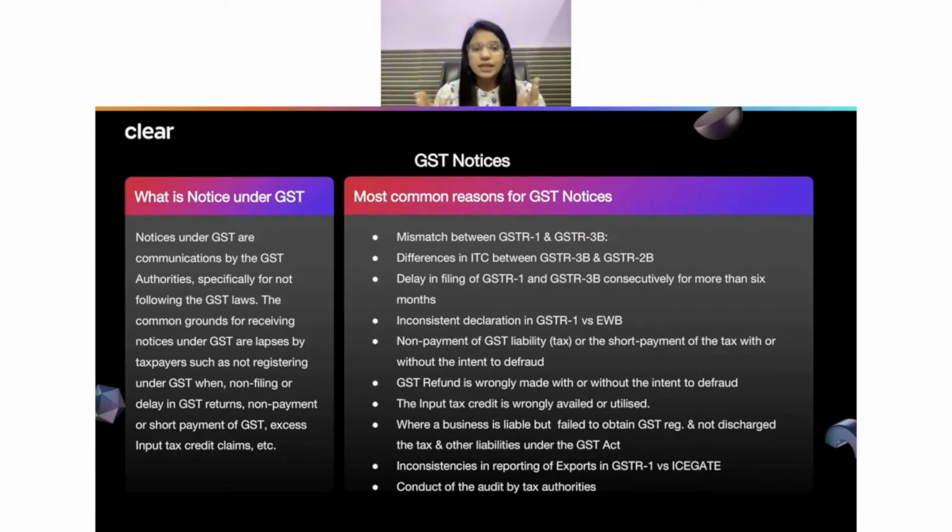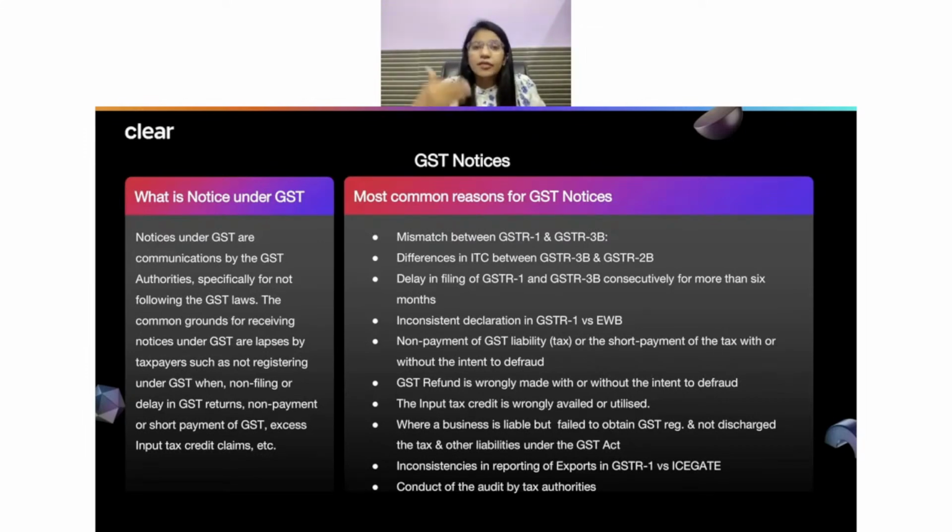The GST portal is made in a way that the government gets reports when there are discrepancies between different parts of the form itself. So whenever they see a discrepancy between what was reported in GSTR-1 and what was paid in GSTR-3B, they raise a notice.